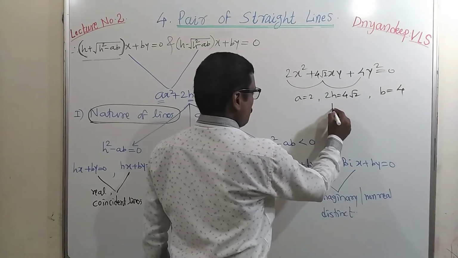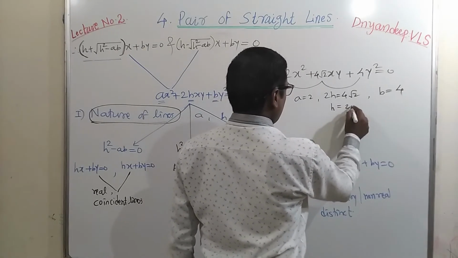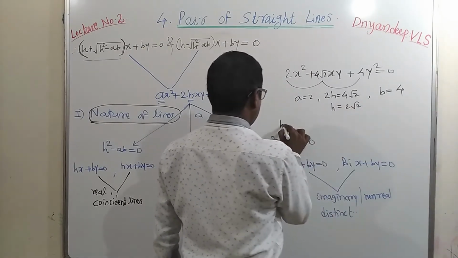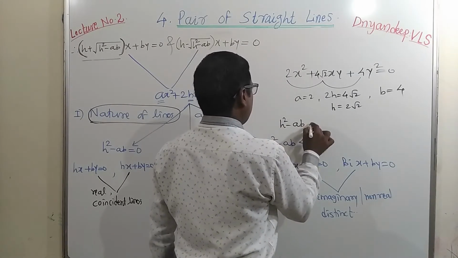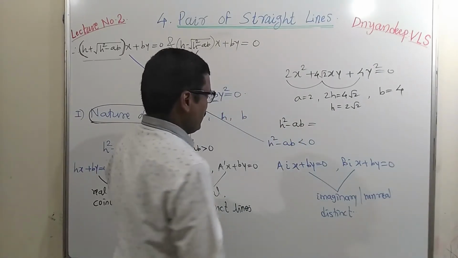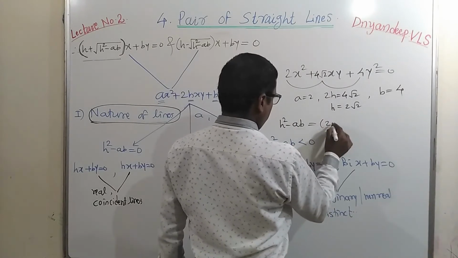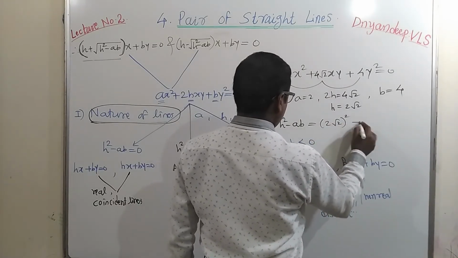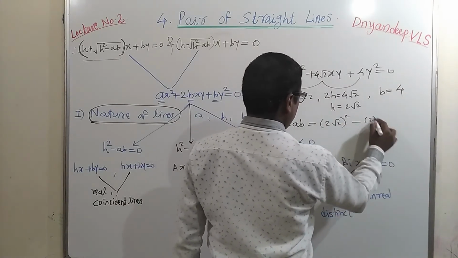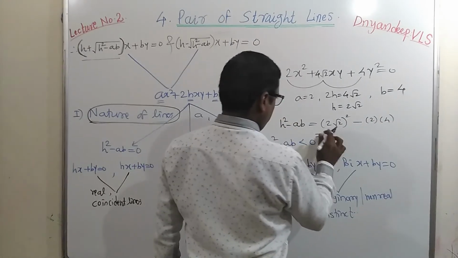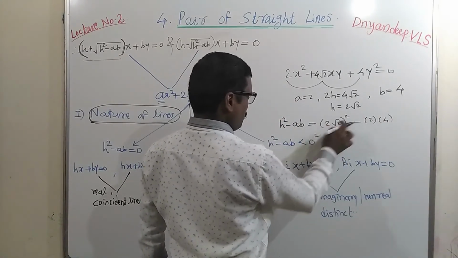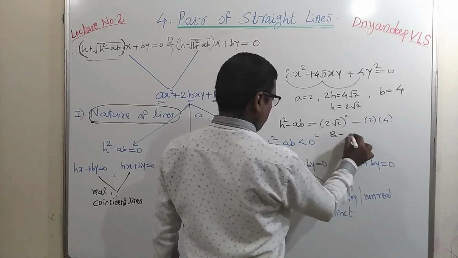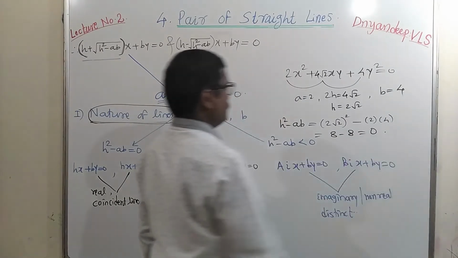Then h equal to 2 root 2. Find the value of h square minus ab. h square is 2 root 2 bracket square, minus a is 2 and b is 4. What is 2 root 2 square? Its square is 8. 2 into 4, that is 8. 8 minus 8 is 0.